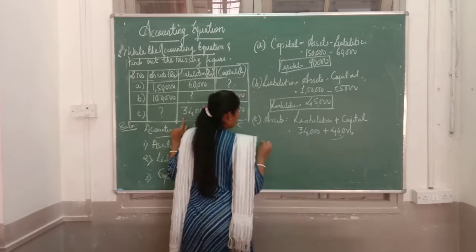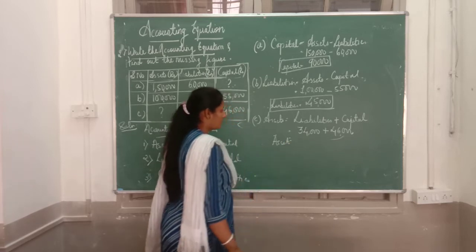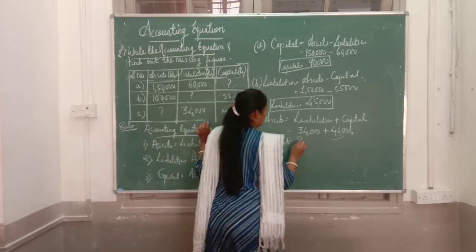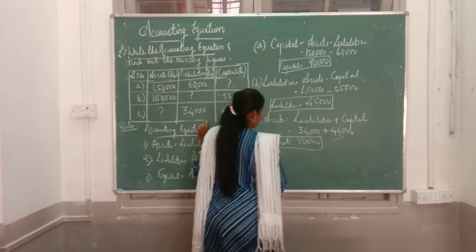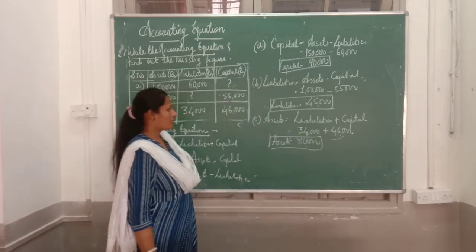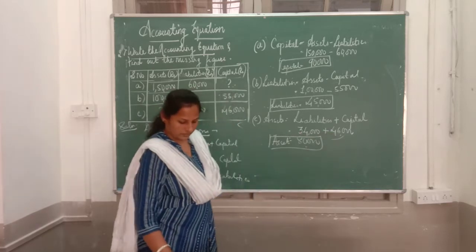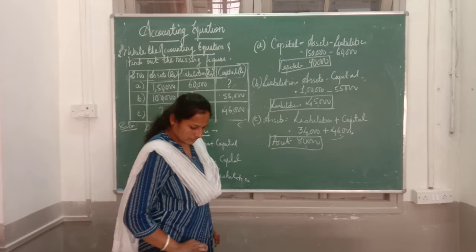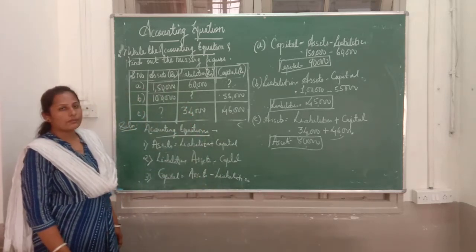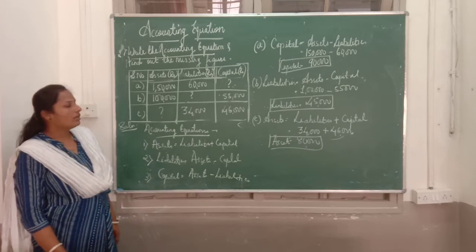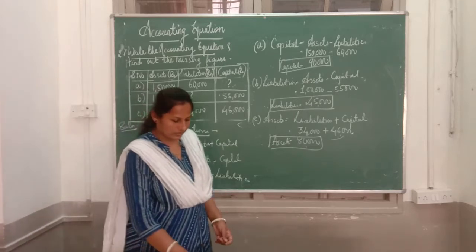So adding, assets is equal to 34 plus 46, 80,000. Right? You can cross verify also if you want. 80,000 minus 34, 46. Okay? So like this, the 2019 question paper problem had appeared. Okay? 5 marks. Practical oriented question, section E.